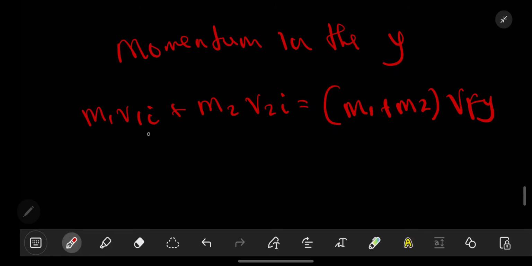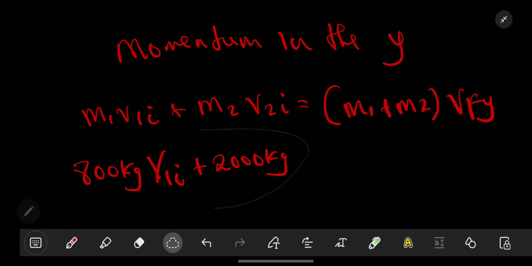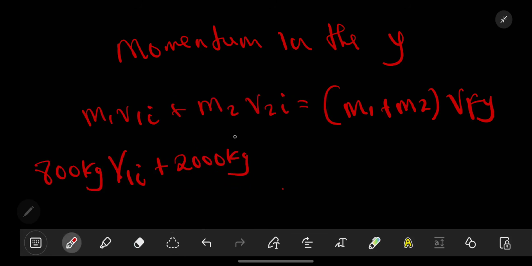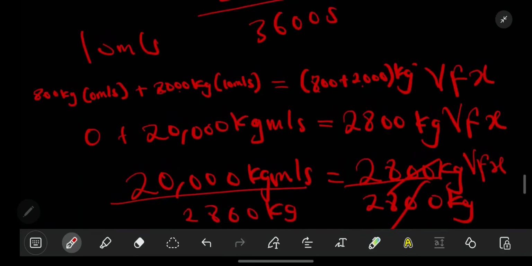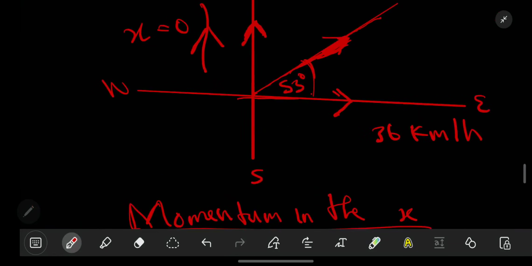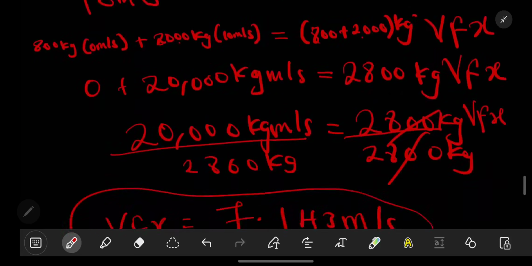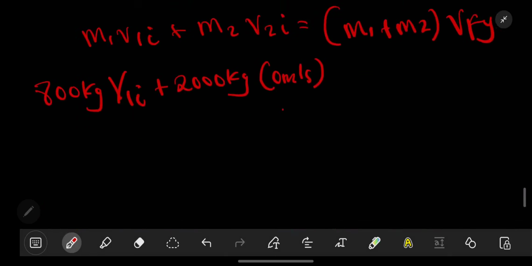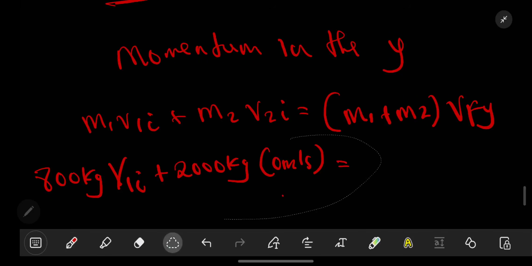So what we are going to have is our m1, which is the car, is 800 kg times the velocity of the car, that is the initial, which we don't know. Plus the mass of the truck is 2000 kg, and we know its initial velocity in y is 0 meters per second. This truck was moving purely in the x-axis only, so its y is 0.